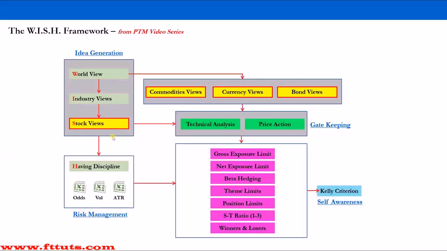So for viewers who haven't seen this already, our systematic process was made up of four main key areas. And this is in idea generation, followed by the gatekeeping process, followed by risk management, followed by self-awareness statistics.